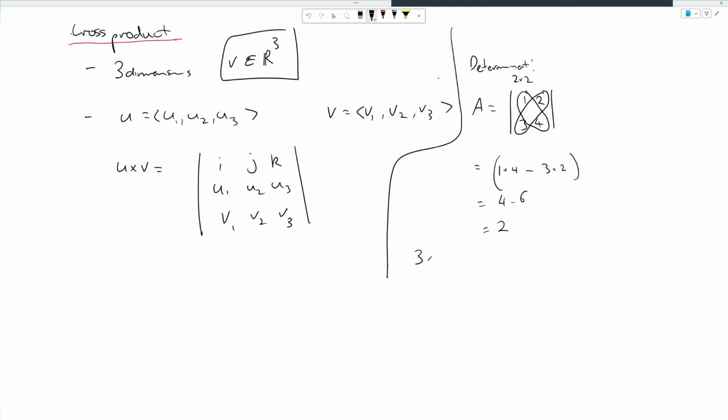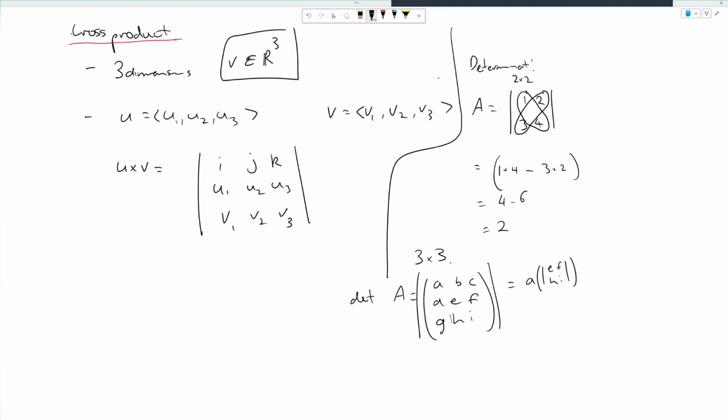For a 3 by 3, let's call A equal to a, b, c, d, e, f, g, h, i. The determinant would therefore be this. I'll just give you the formula: a times the determinant of e, f, h, i. Essentially, if you look at a, you get rid of the first row and first column, and just look at the bottom corner.